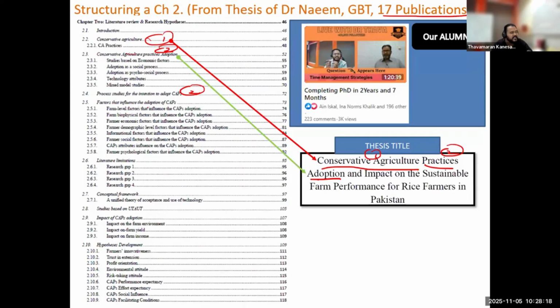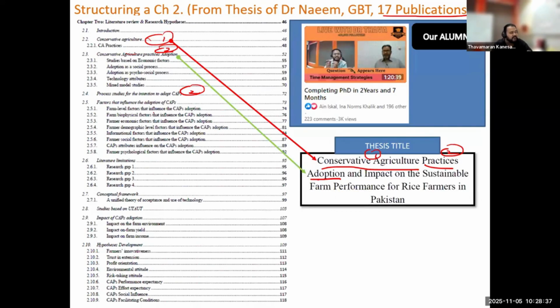Next part, factors that influence the adoption of CAPs, that means conservative agriculture practices. These are all the performance factors, the impact and the performance factors. You can see in terms of performance, they're measuring different items here. Different literature had been unveiled here.